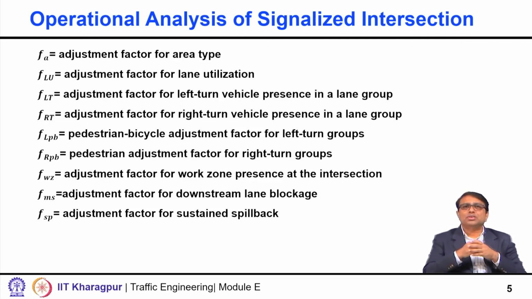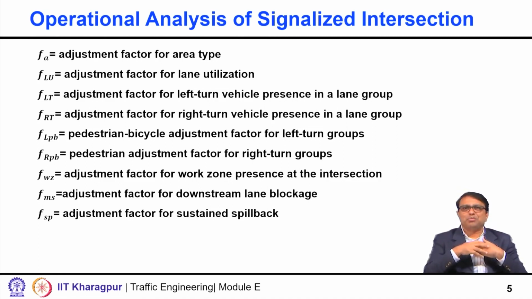Adjustment factor also for sustained spillback. If the downstream intersection is red, because of that the vehicles are queued up. The queue may have grown much longer, and when the vehicles are getting discharged, the drivers can see that there is a queue and they have to join it. So, naturally, the discharge will not happen the way it does in normal condition.